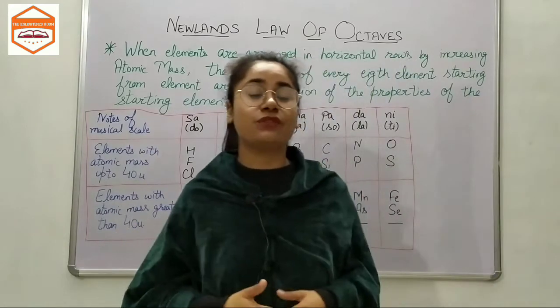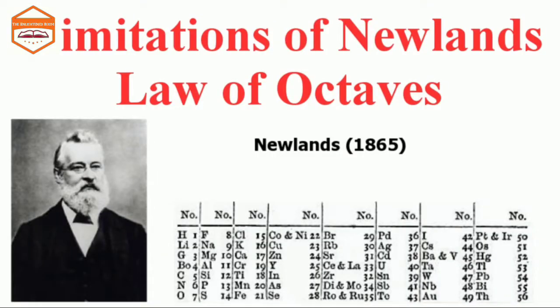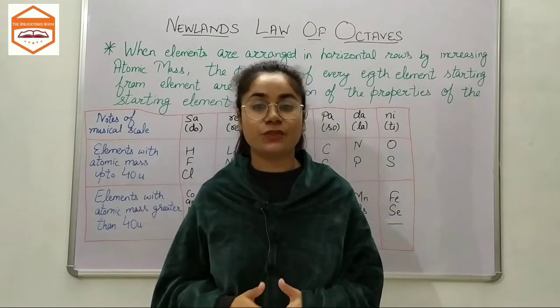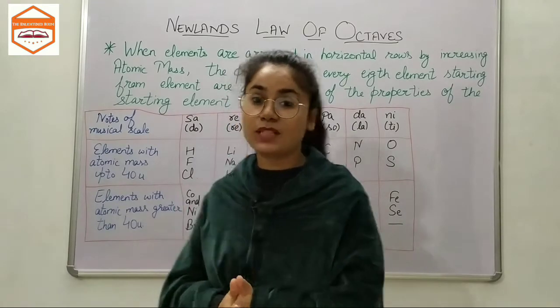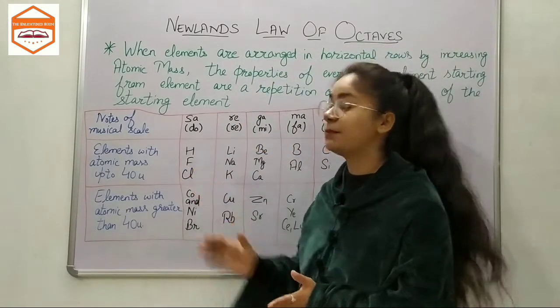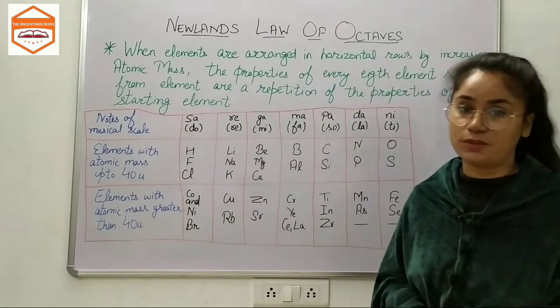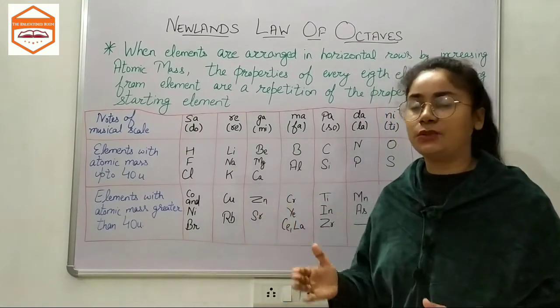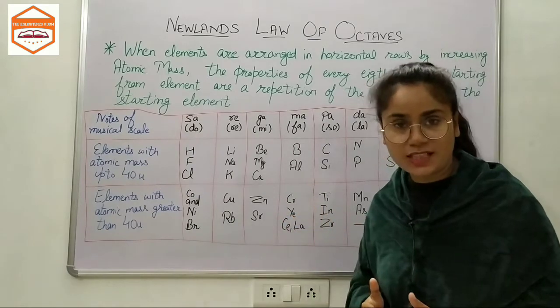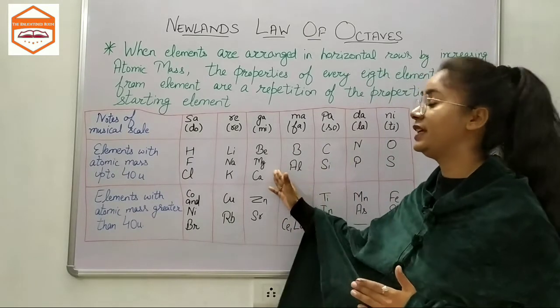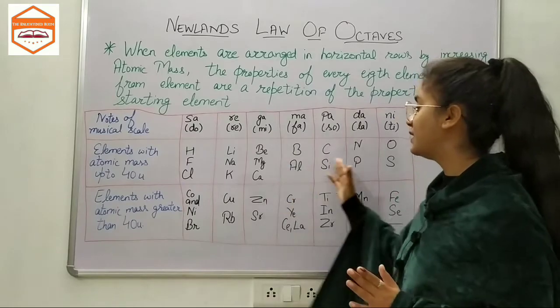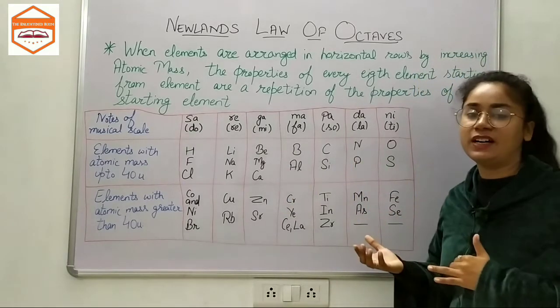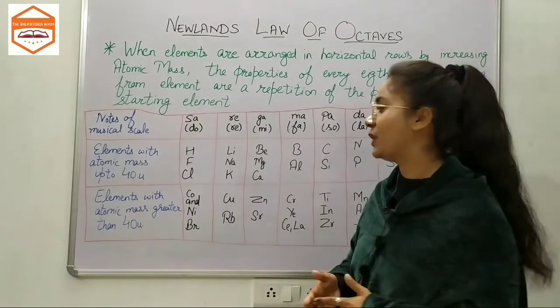So let's take a look at its limitations. The first limitation of Newlands' Law of Octaves was that it was only applicable for elements up to an atomic mass of 40 atomic mass units. After many researches, it was found that it was only applicable for the lighter elements and up to calcium only. After that, this trend was not satisfying his idea.